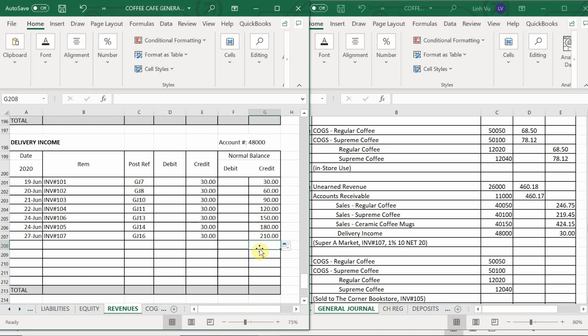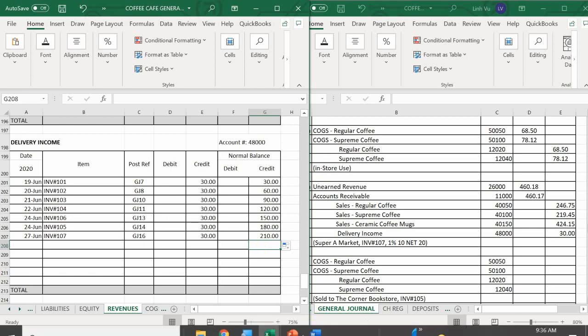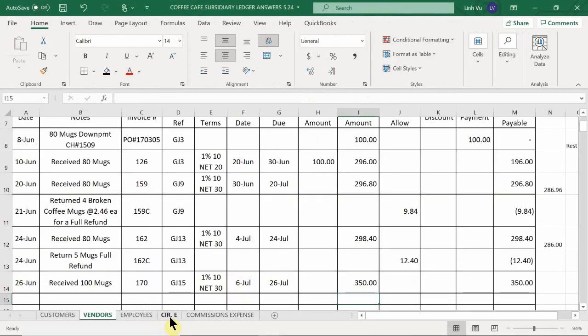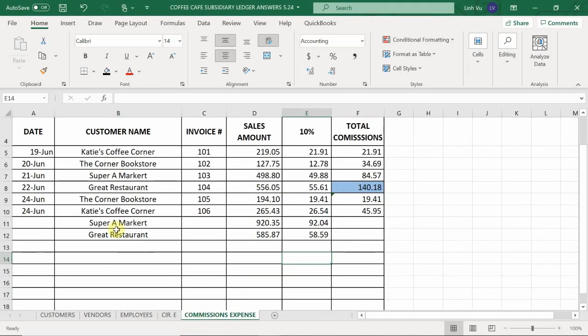Now I would go to the commission worksheet. We do have a listing for Super A Market.